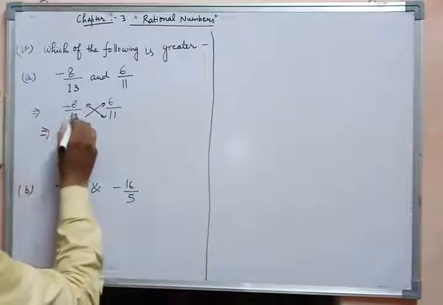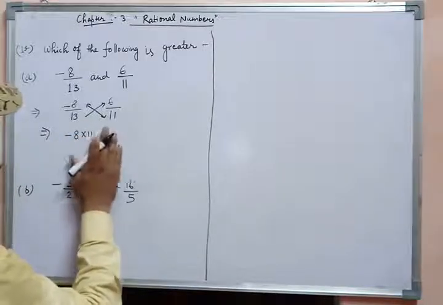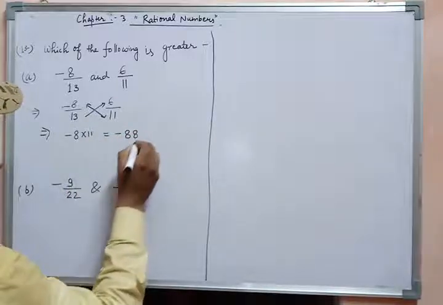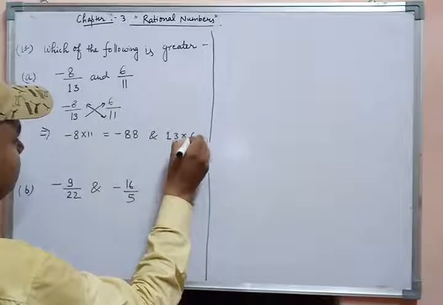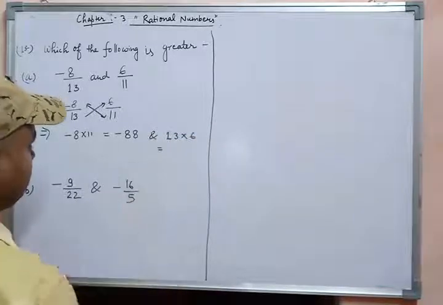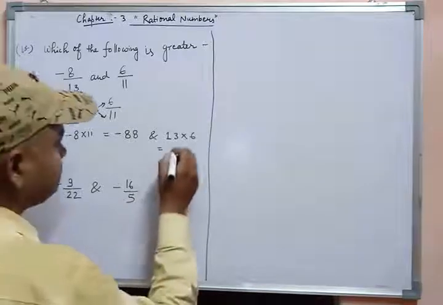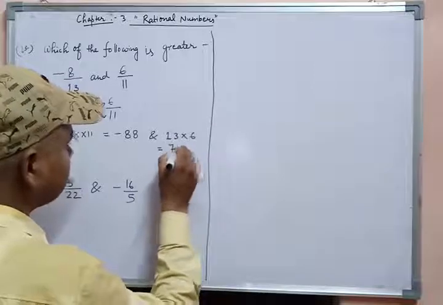Then we will get minus 8 into 11, which is minus 88, and 13 into 6, which is 78.